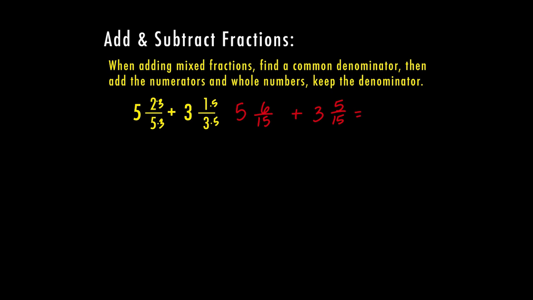Now I can go ahead and add my whole numbers, which is 8. And 6 plus 5 is 11 over 15. Because this is a proper fraction and I can't reduce 11/15, 8 and 11/15 is my final answer.